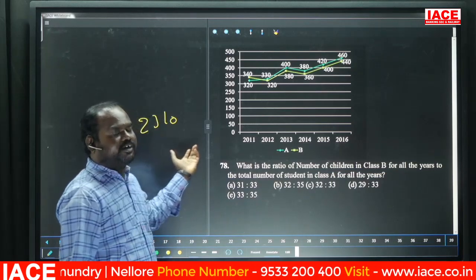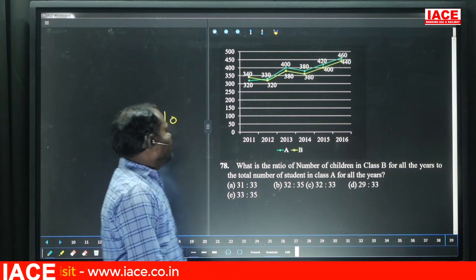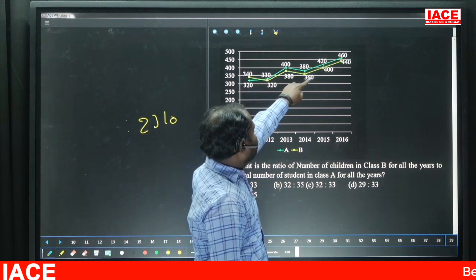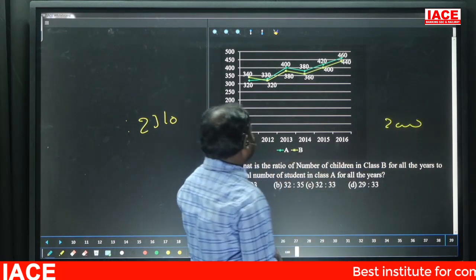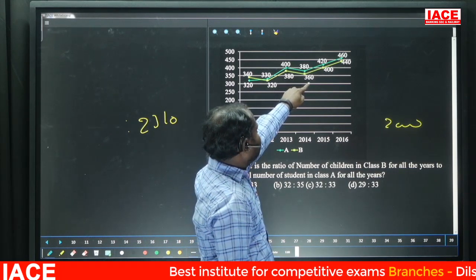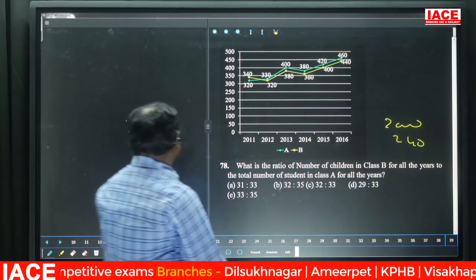Now take the B values: 3 plus 3 is 6, 9, 12, 16, 20, that is 2240.